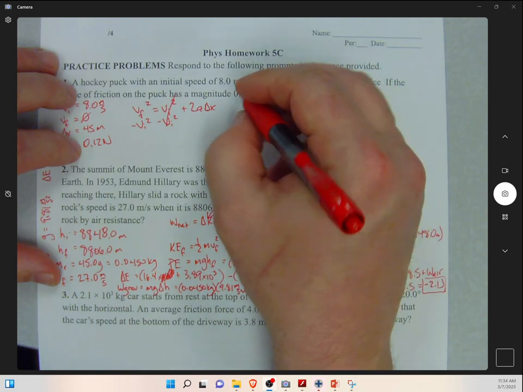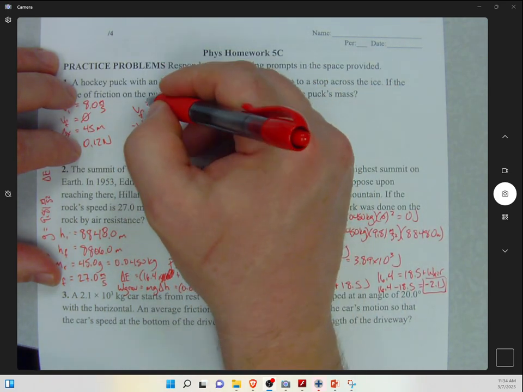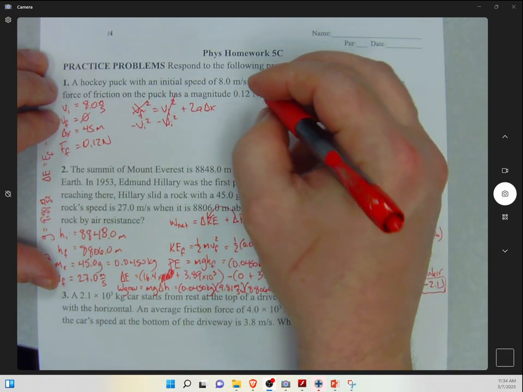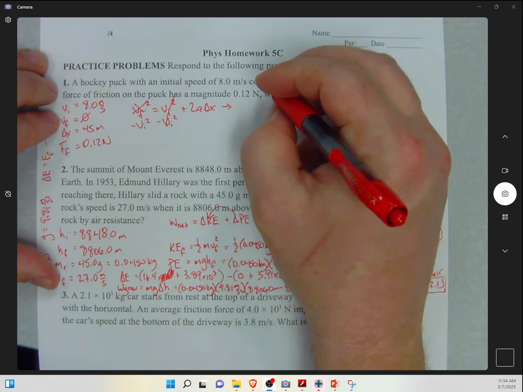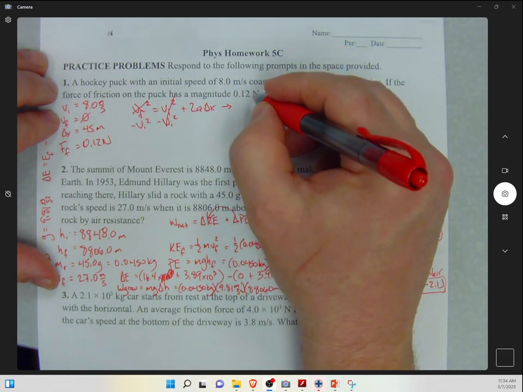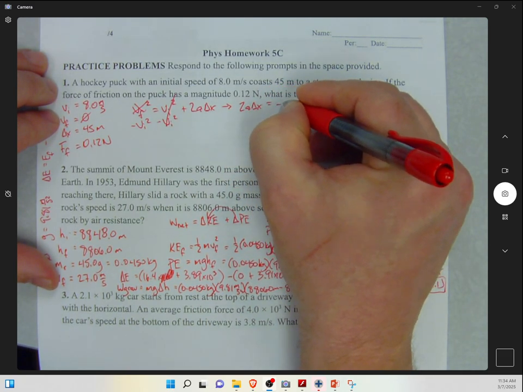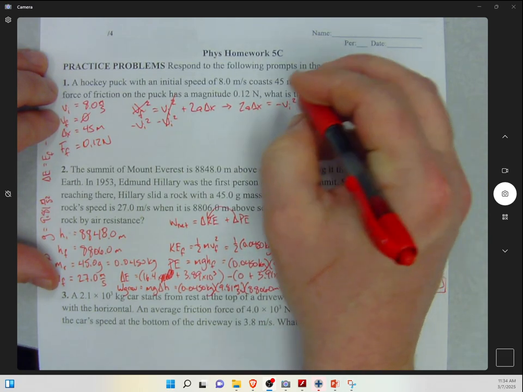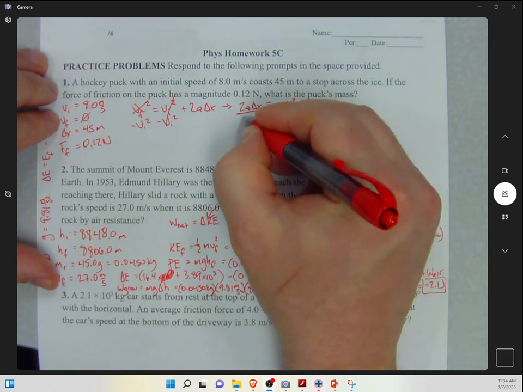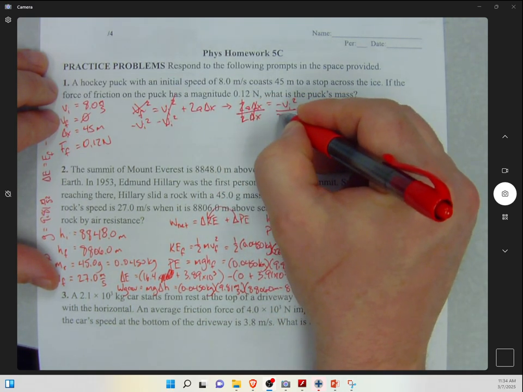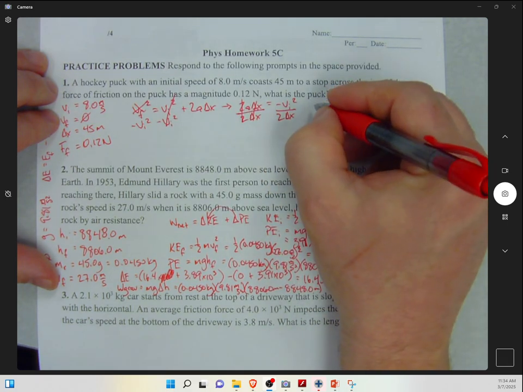Cancel that out. And like Andres just mentioned, this final velocity is going to be 0, so I can just get rid of that because it's a 0. So I'm going to have 2a times displacement is equal to negative vi squared. And then I'm going to divide both sides by 2 delta x, so that cancels.